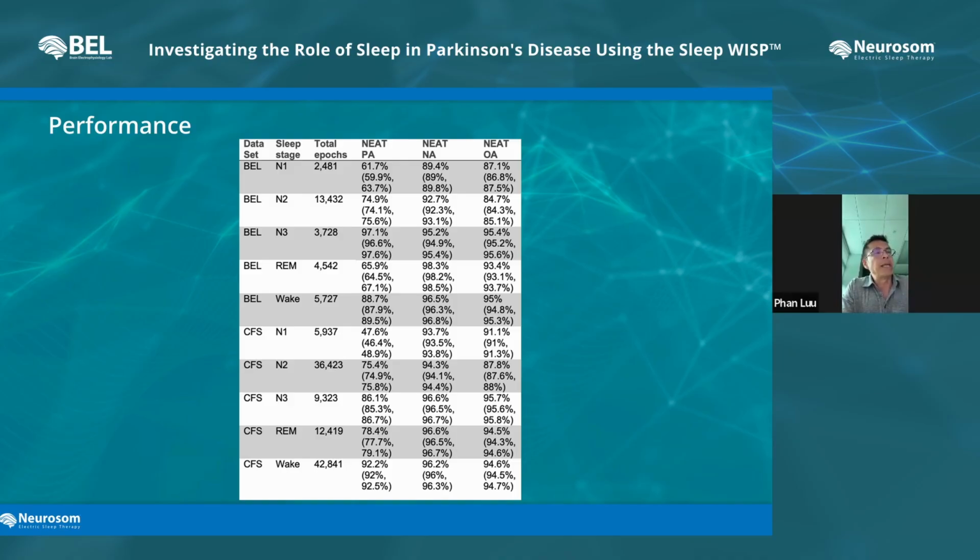Based on that, that's how we were able to get to FDA clearance for NEAT. The one thing about NEAT I want to emphasize is that it can perform sleep staging offline, but it is quick enough such that we're able to use it in real time for the closed loop TES neuromodulation. Thank you.